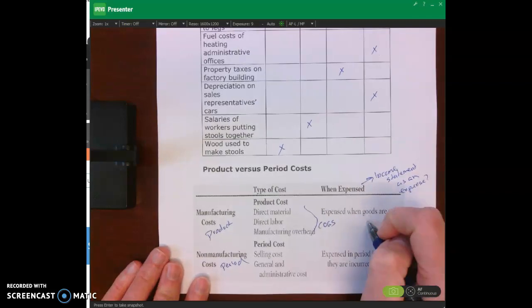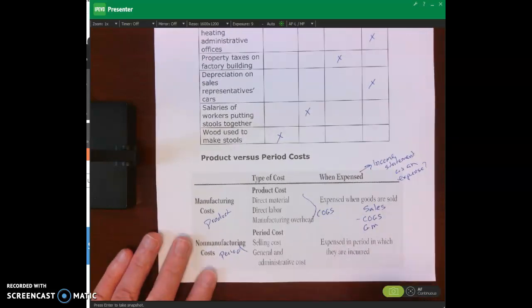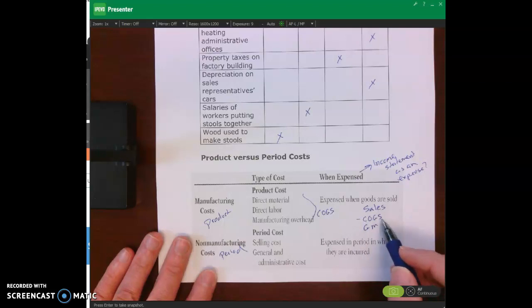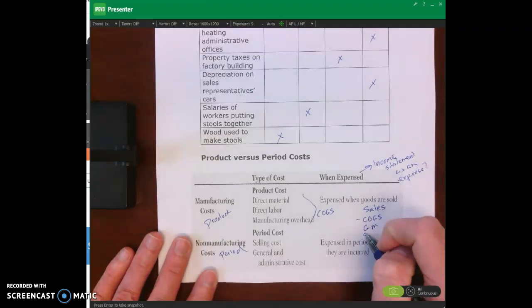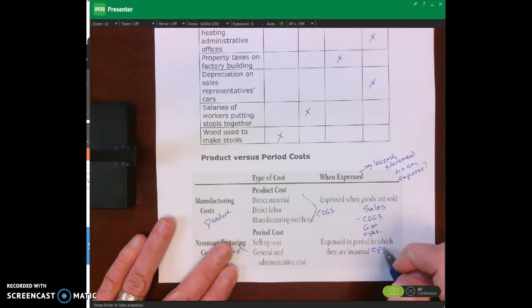So remember what we have. We have sales minus cost of goods sold gives us gross margin or gross profit. And then we subtract out our operating expenses to get operating income. Okay, and I'm stopping there.